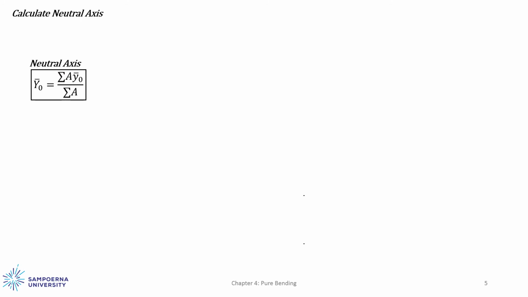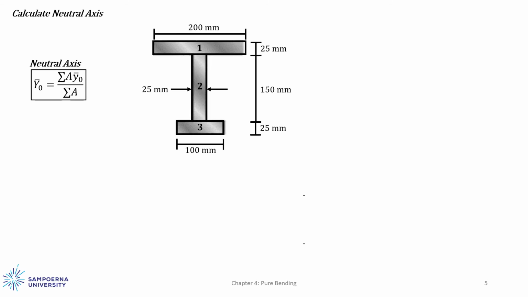To calculate the neutral axis, first, we divide the cross-section into several new sections with simple shapes, and we have 3 rectangular sections as shown.